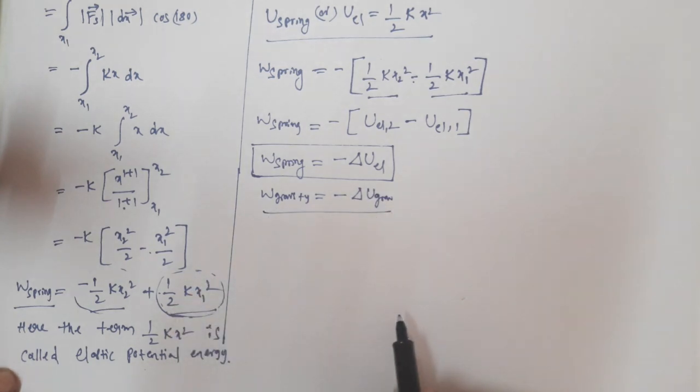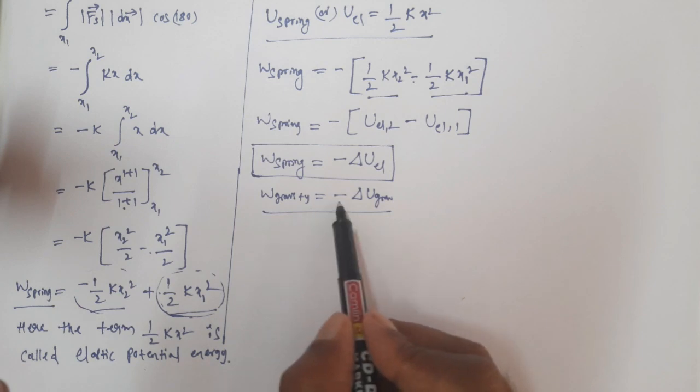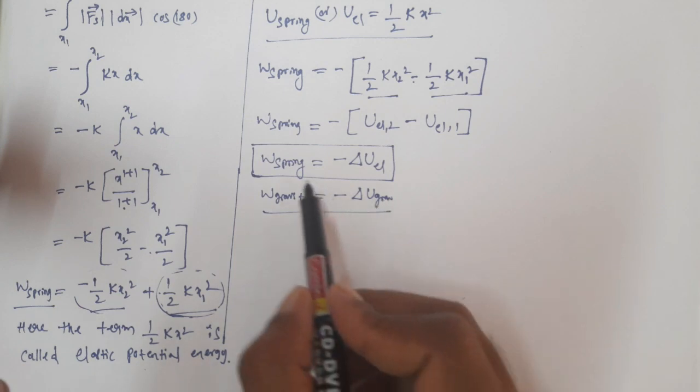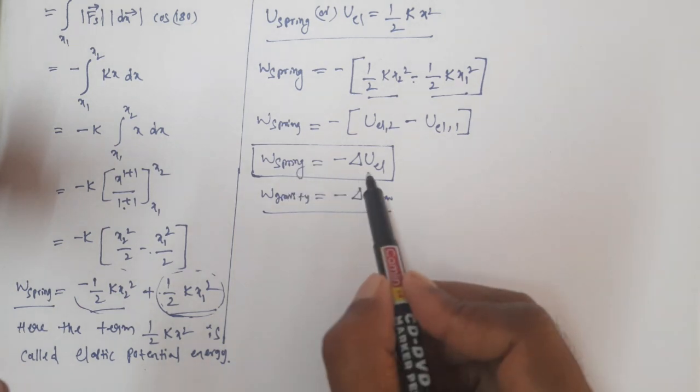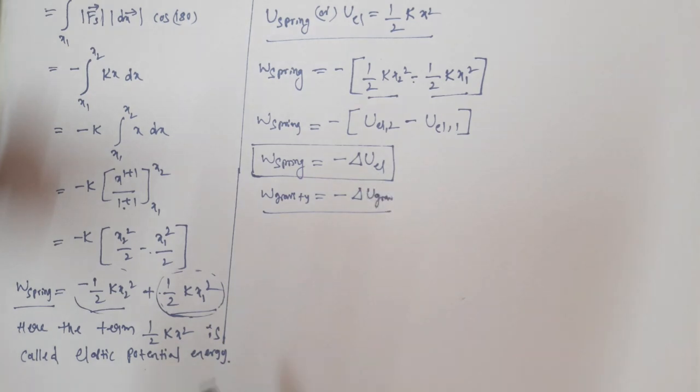These two are similar, right? So there we get work done by gravity is equal to the negative of change of gravitational potential energy, and here work done by the spring is equal to the negative of change of elastic potential energy. I told you that gravitational force is a conservative force. In the similar manner, the force exerted by spring is also a conservative force. Here we explain like this.